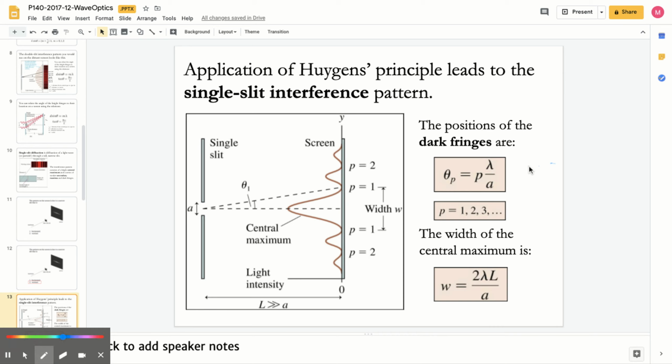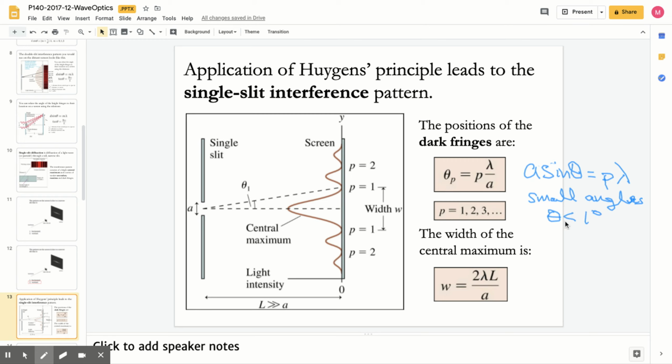So it's going to be a sine theta is equal to p lambda. And so for small angles, say theta less than or equal to 1 degree, we can say that sine theta is about the same as theta.